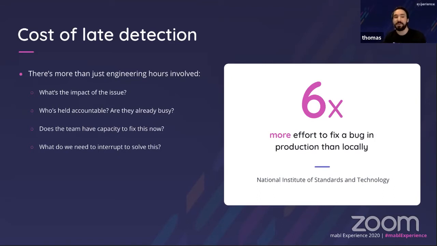And then also, what do we need to interrupt? Are there other issues currently being worked on, higher severity issues, other tech debt items or feature work, things that are shipping out for other customers that need to be added to this equation? So there's a lot of cost just beyond more effort for the engineer to actually resolve this.